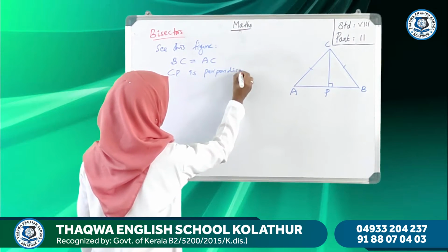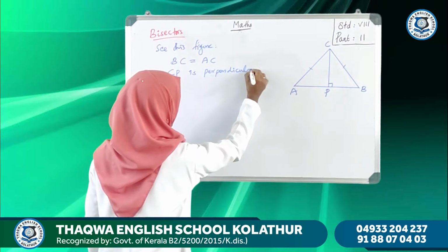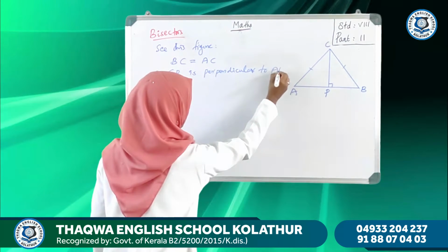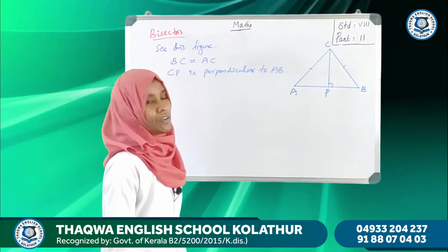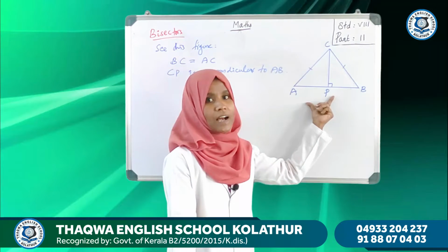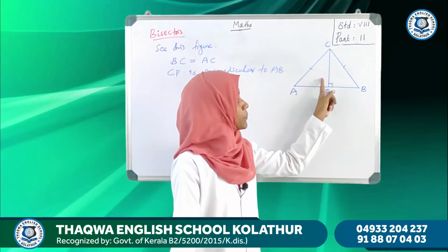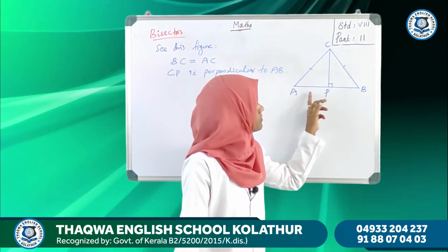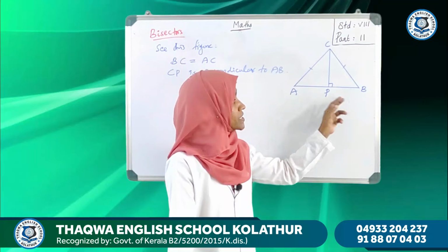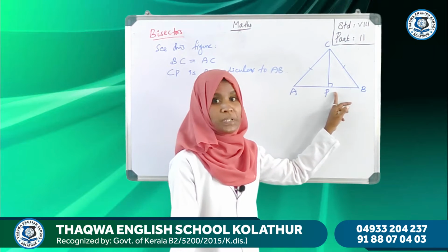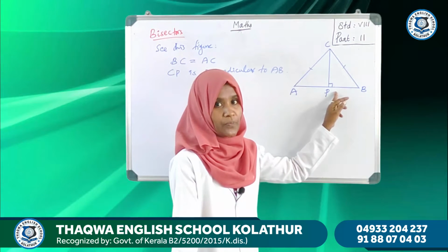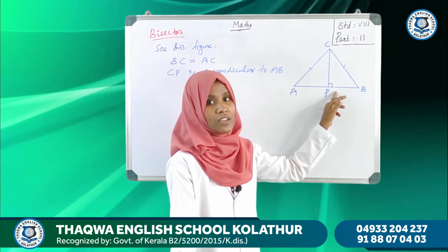Okay. As in the last classes we have discussed, the triangles APC and BPC are equal. Did you remember that?